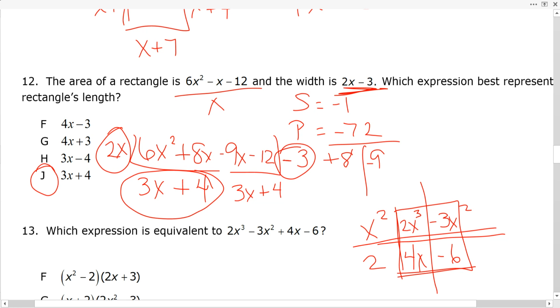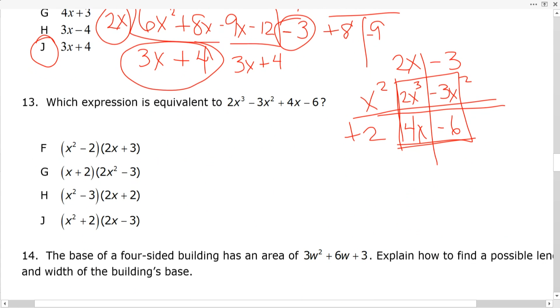On the left-hand column it is 2x. And on the right-hand column it is a -3. So my answer is x squared plus 2 and 2x minus 3. So J is the answer.